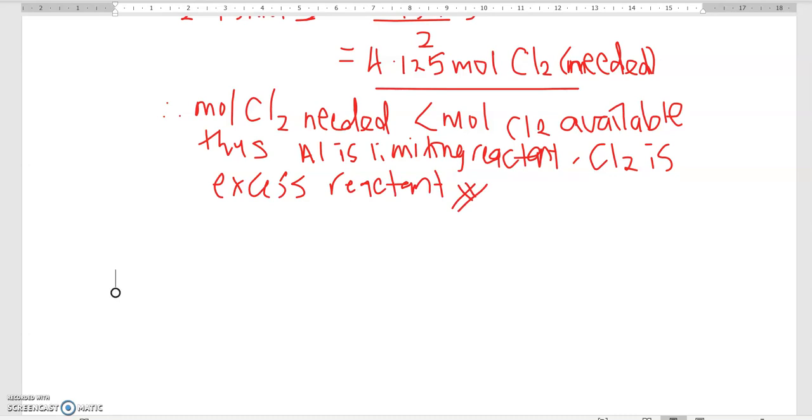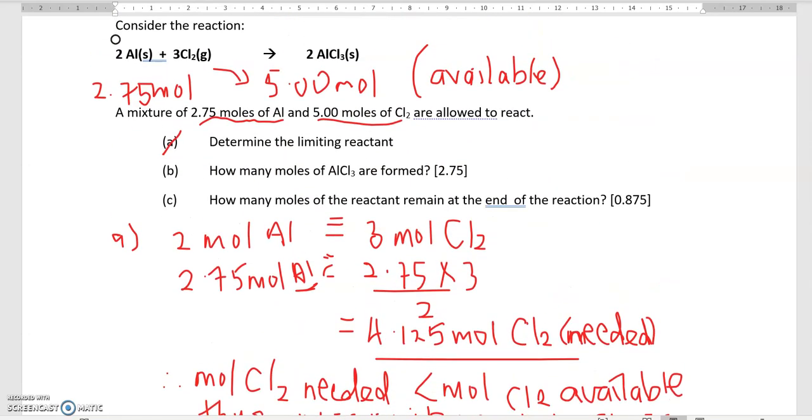So we proceed to the second question. How many mole of aluminium trichloride form? You must compare mole of available aluminium to the mole of our product formed.